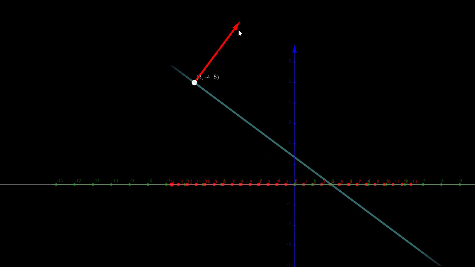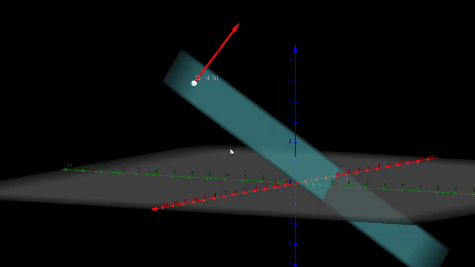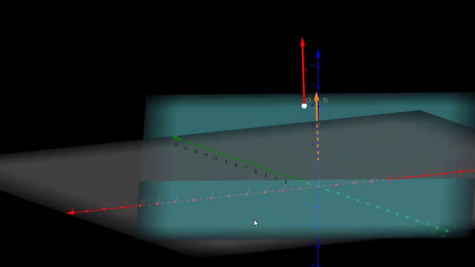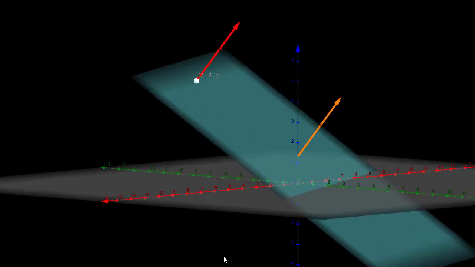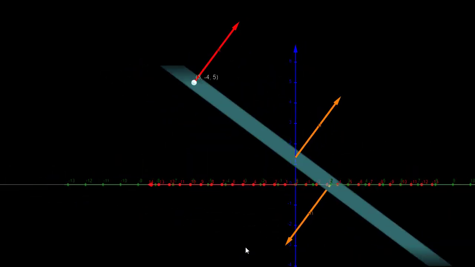Okay, so notice I have the vector not in standard form, but here coming off of this point. But remember, vectors are equal wherever their starting point is. So I could have moved it here. And notice also that we could have used really any vector that was perpendicular to the plane.